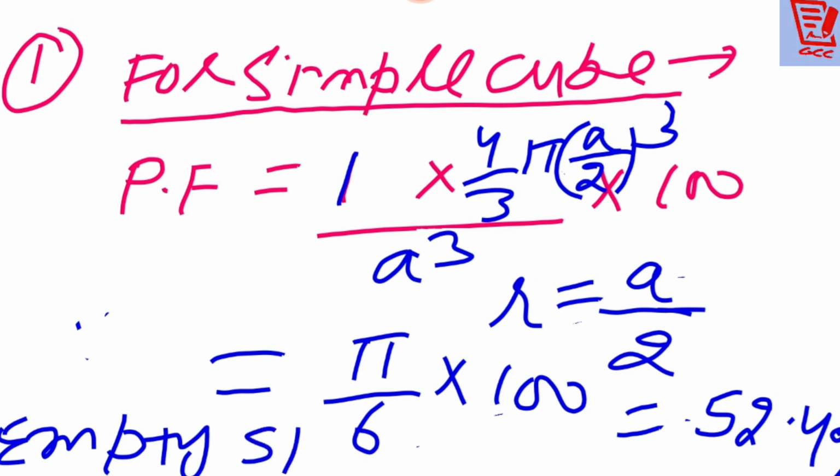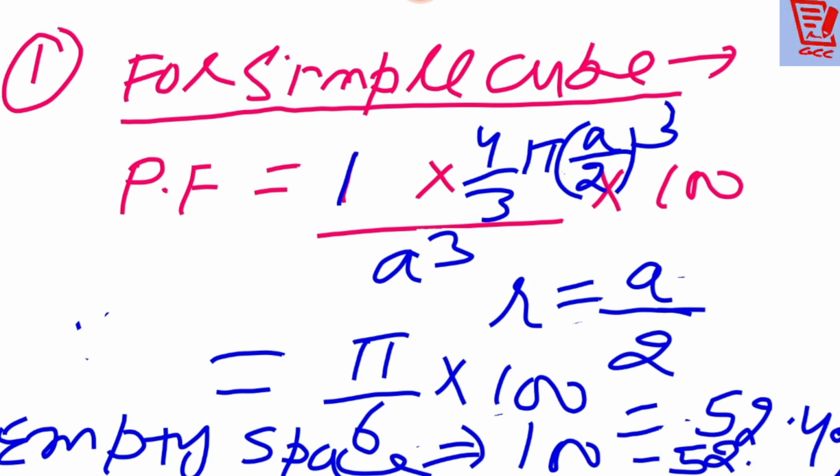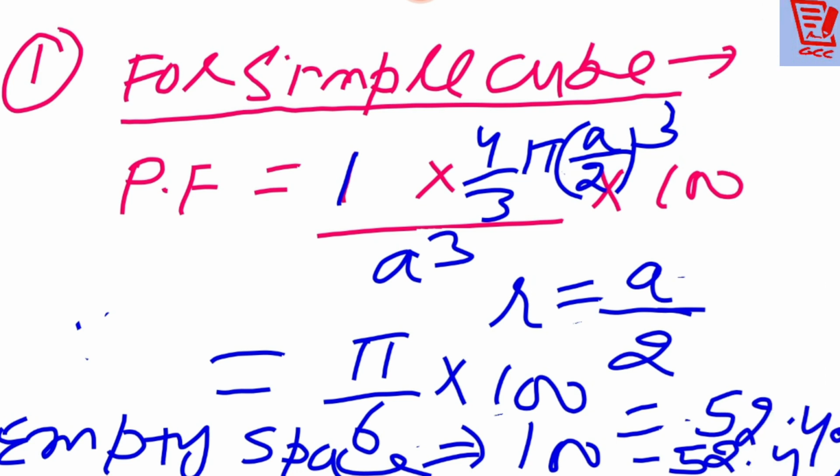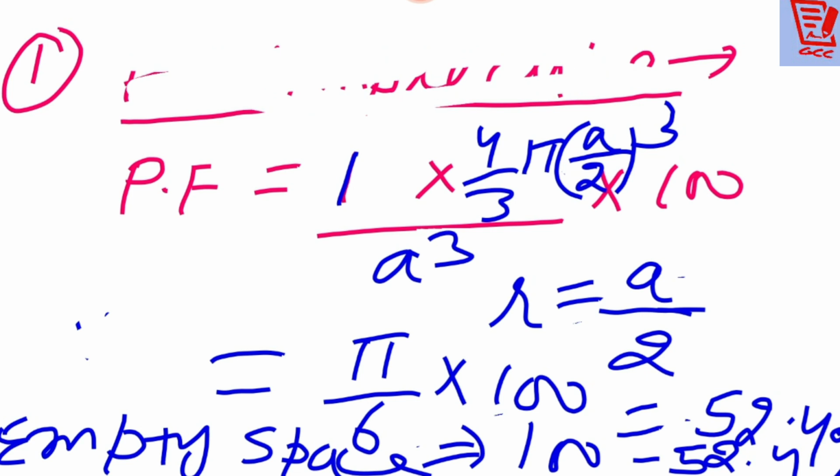The empty space is 100 minus 52.4. Beta, the empty space will be what? 100 minus 52.4. How much will that come to?